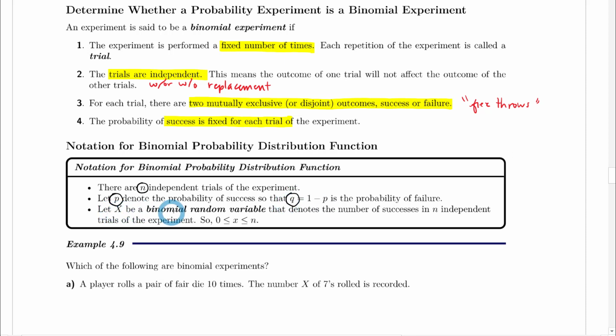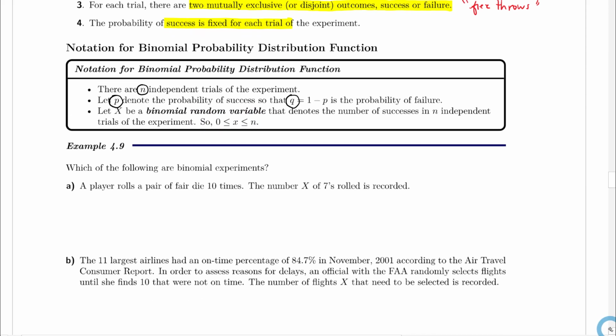Then we let x be the binomial random variable, which denotes the number of successes in n independent trials. So again, we have a fixed number of trials, meaning we're going to toss the coin 100 times. The probability of tossing a heads would be the probability of success, so the probability of tossing a tails would be the probability of failure. X is the binomial random variable, where success is the event of tossing a heads. So just think of it as a coin toss in the back of your mind.